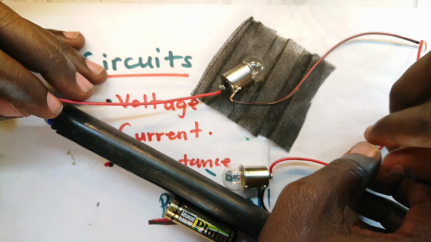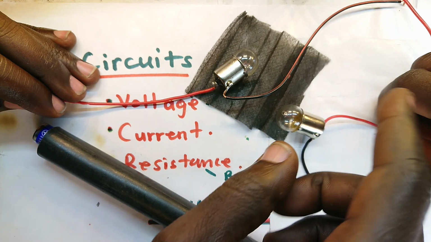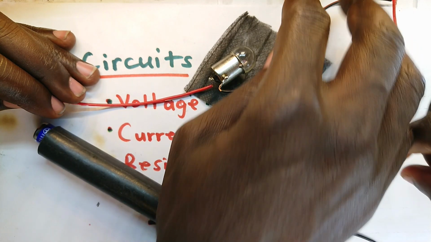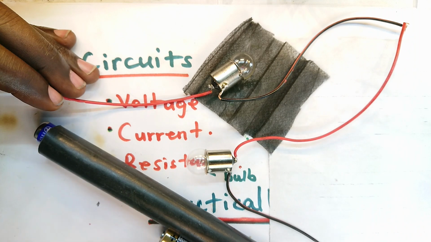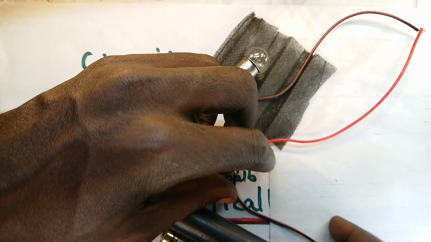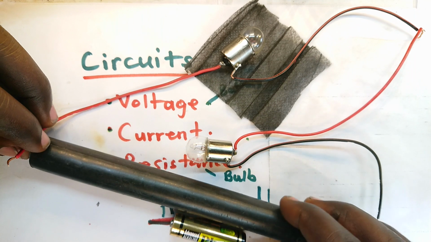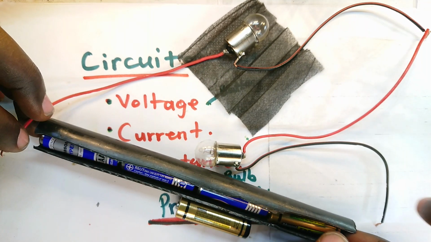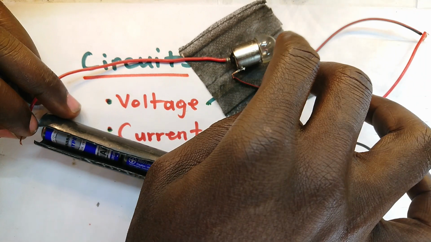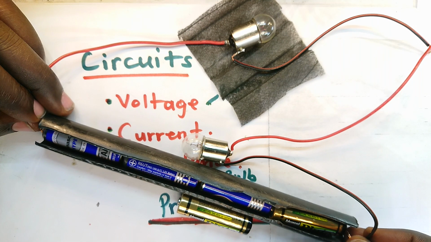I need them to see also the wire so that it is completed like that. Now I want you to look at the brightness we get when we've added another resistance in series.